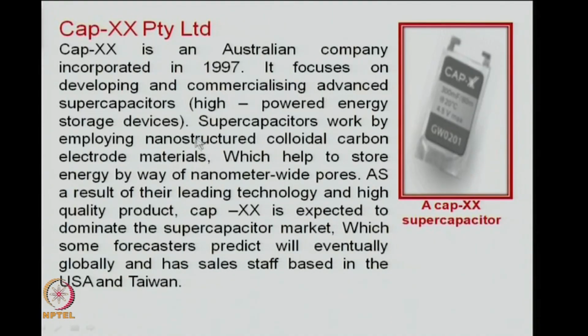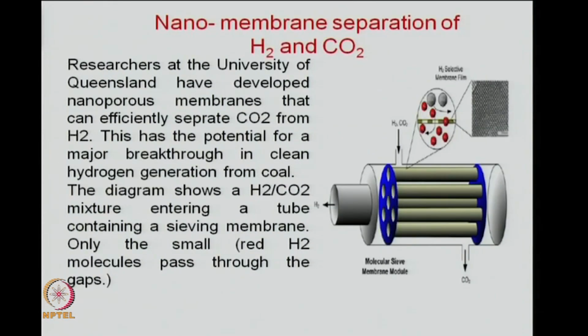This is one of the products which has been developed. Of course, other supercapacitor based on other oxide materials are also being made, and this is already in the market. So, this is another example of a product based on nanotechnology which is in the market.